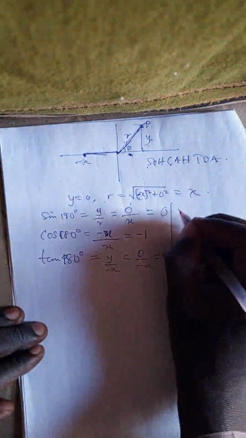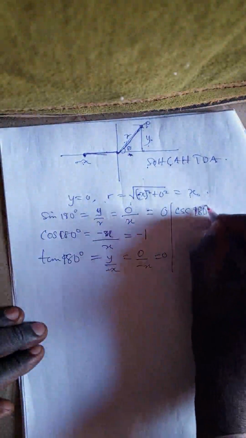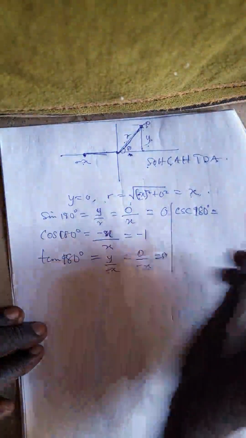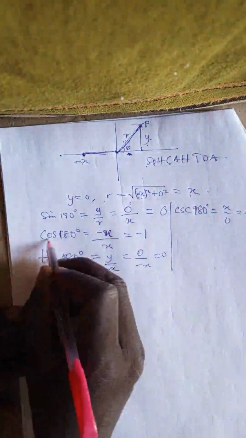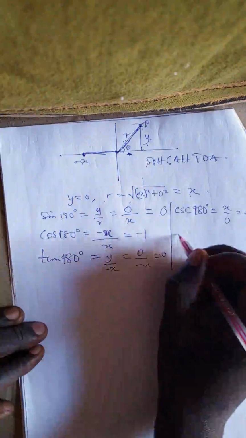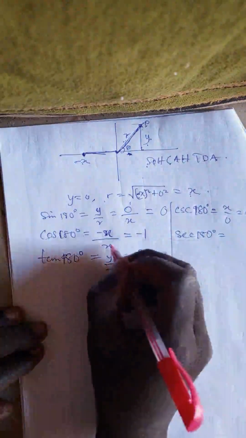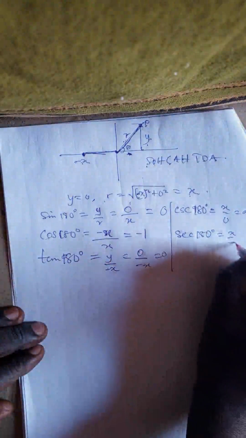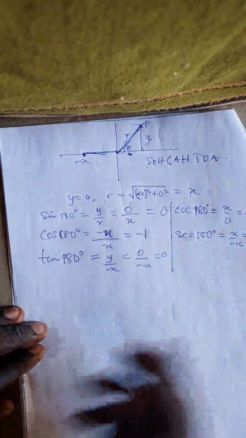For sine we have cosec 180 degrees, and cosec 180 degrees is the same thing as saying x over 0, but that is not defined. So it is equal to infinity. So therefore sec 180 degrees will be equal to x over minus x, just the reciprocal of cosine, and this still gives minus 1.